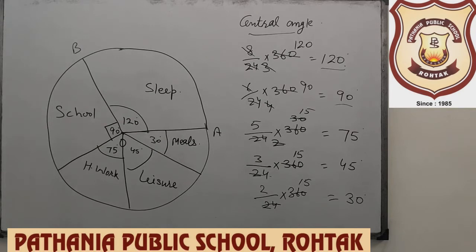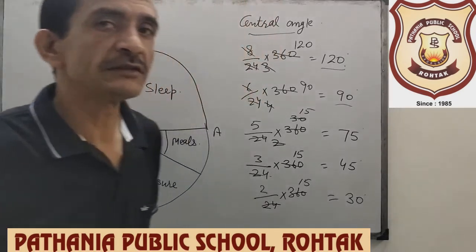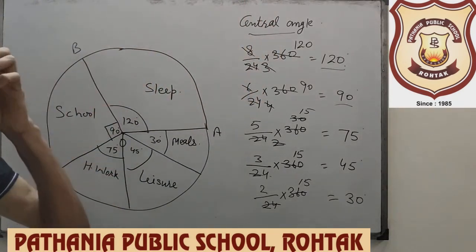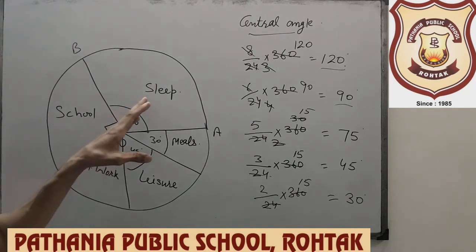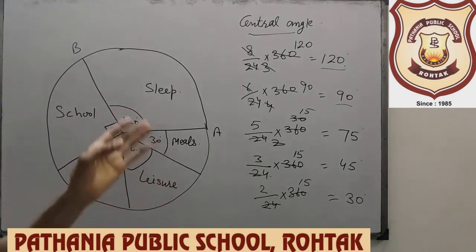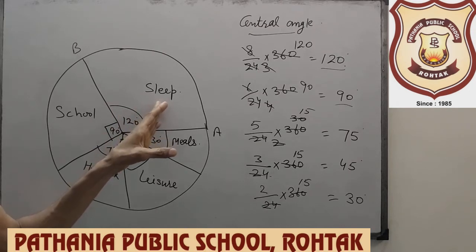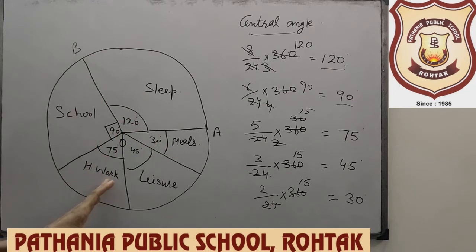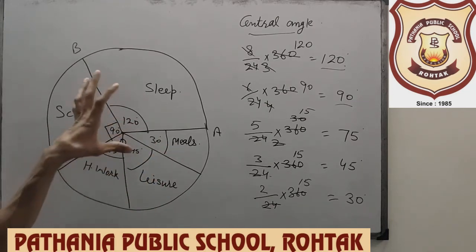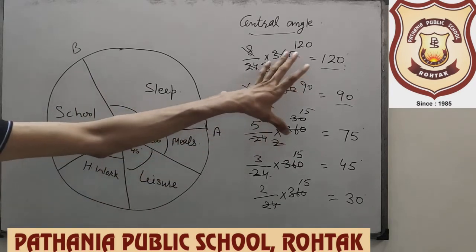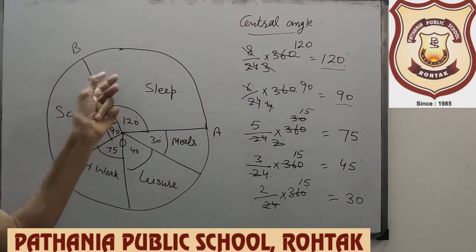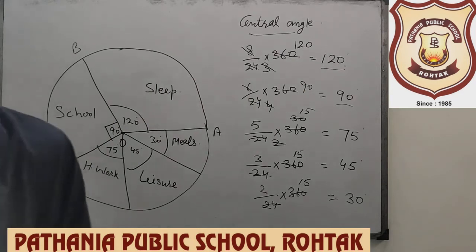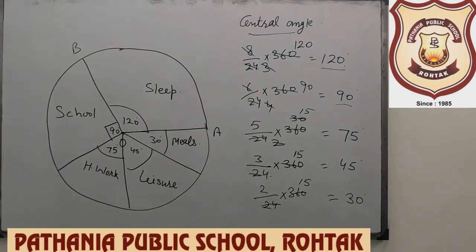Now think about it conversely. Suppose that this pie chart is given. Then how can you know how much time is spent by that person in sleeping, in school, in household work, in meals or leisure? This pie chart is given, and the question is: how much time is spent in sleep, how much time is spent in school?